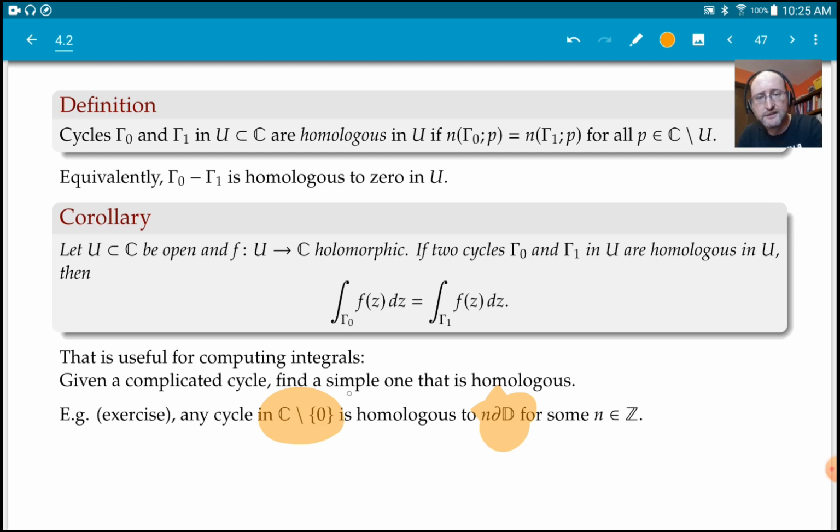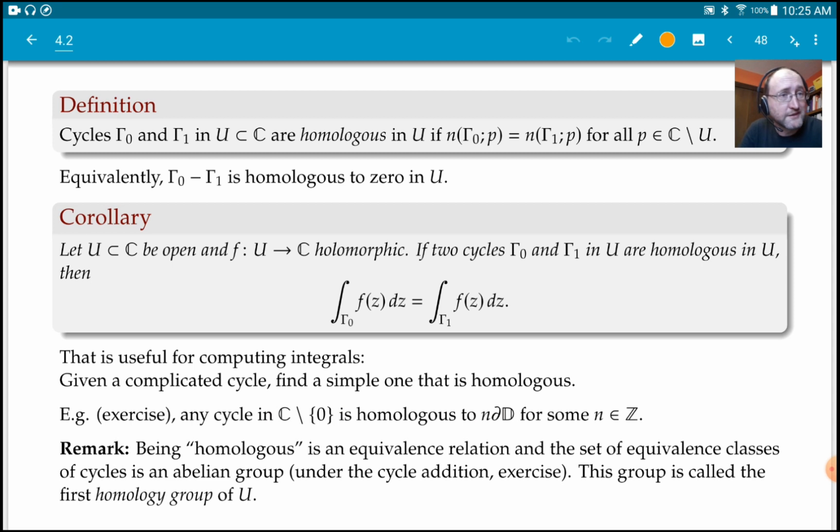So if you know how to compute integrals around the unit circle of any function holomorphic in C minus 0, you know how to compute integrals around any cycle of functions holomorphic in C minus 0. You just have to figure out what n your cycle gives.